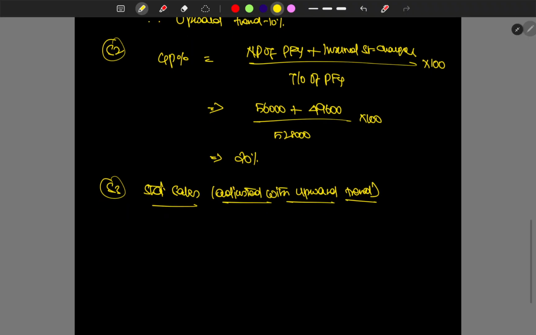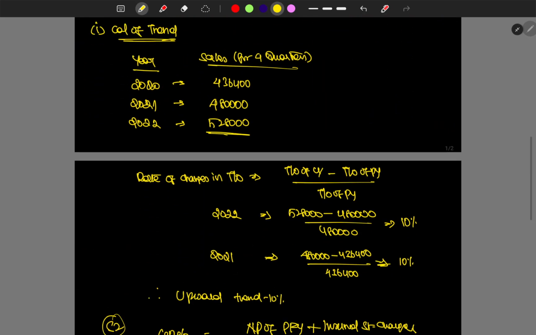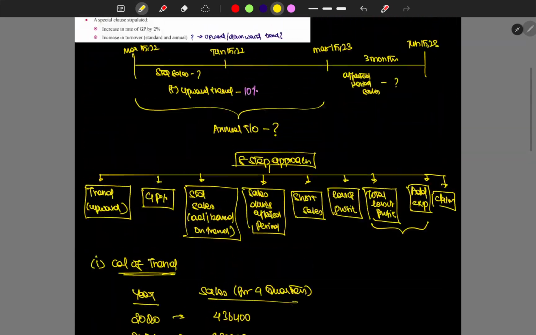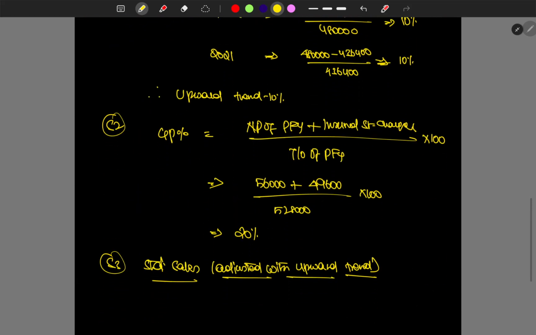Now we are not given directly the standard sales, but we are given the whole month value. For the period April 1 to June 30, 2022, the value is 1 lakh, right?